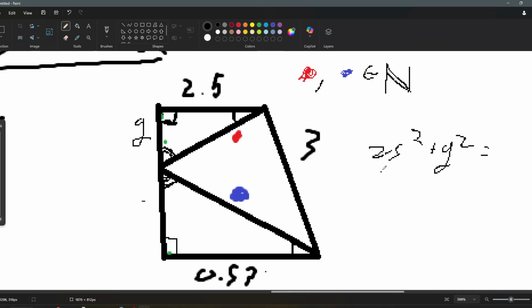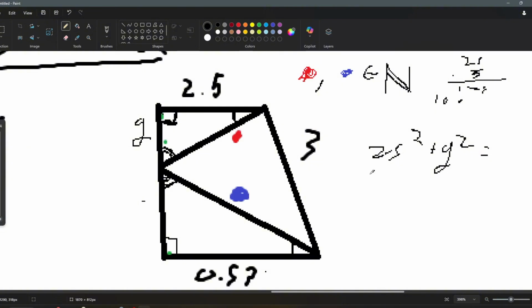So 2.5 squared is 25 squared, which is, I don't know what 25 squared is. 25 times 25 is 5 times 25, which is 125, plus 20 times 25. I did that wrong.